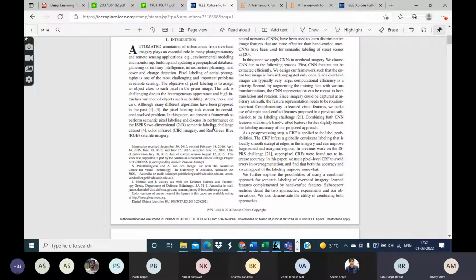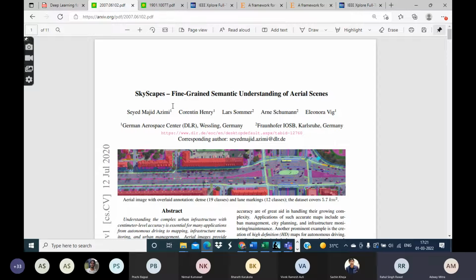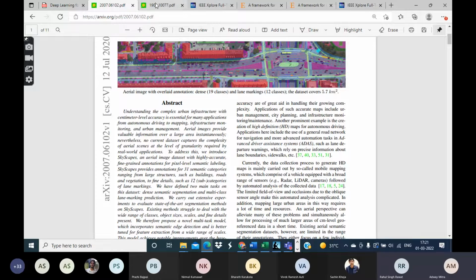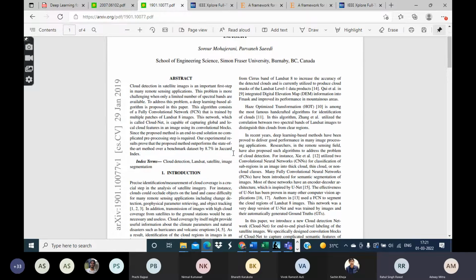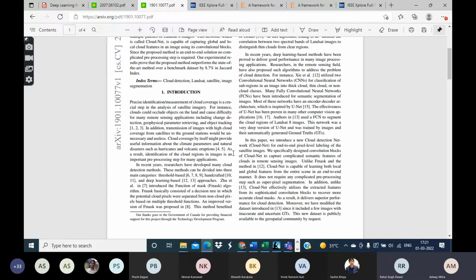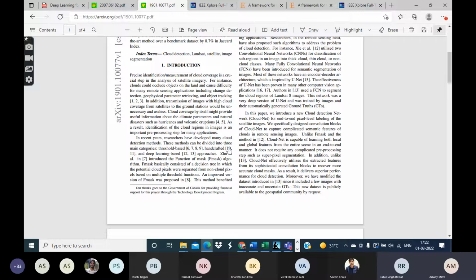So in this paper, we apply CNNs to overhead imagery. They have considered different kinds of imagery. Note that in the Skyscapes paper, they dealt with RGB images, while in this one they dealt with images which they get from Landsat, so these are not RGB images.